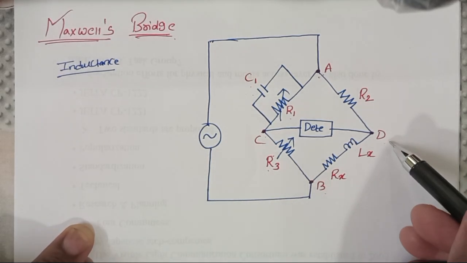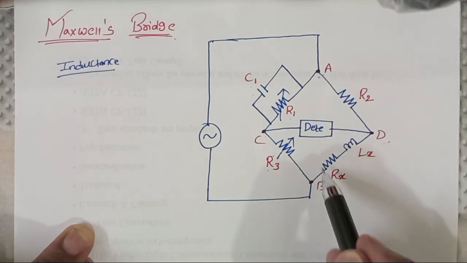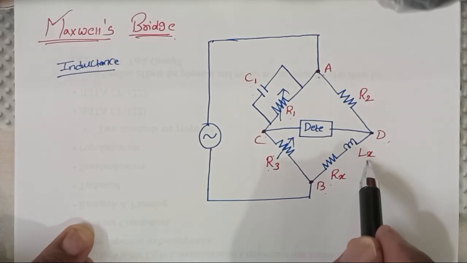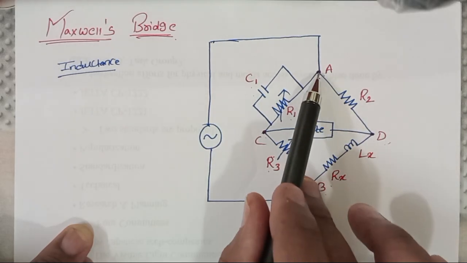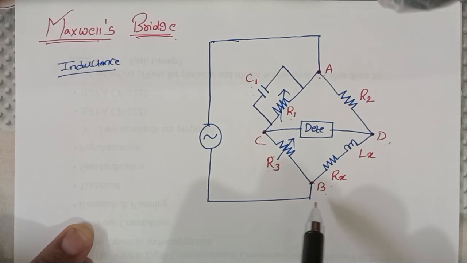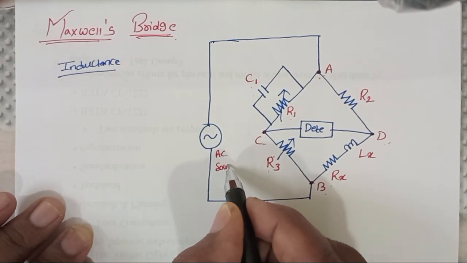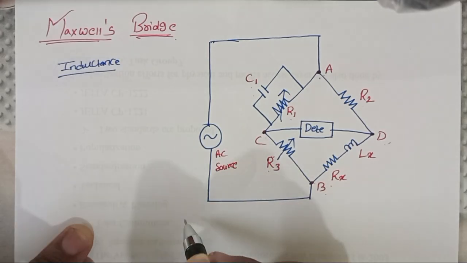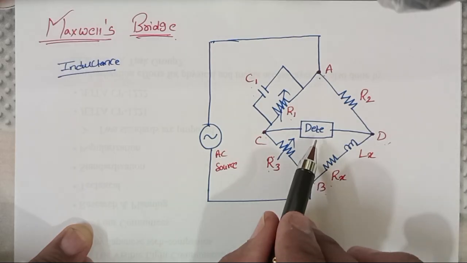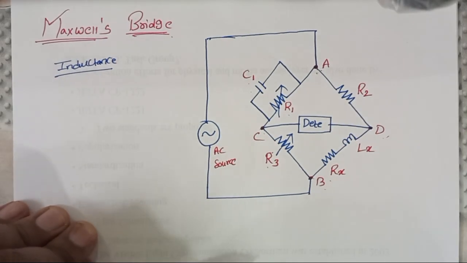Between B and D we have the series combination of Rx and Lx. Between A and B we have the AC source, and between C and D we have the detector. This is the construction.